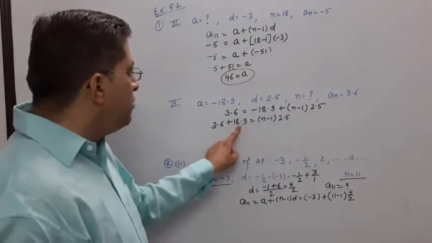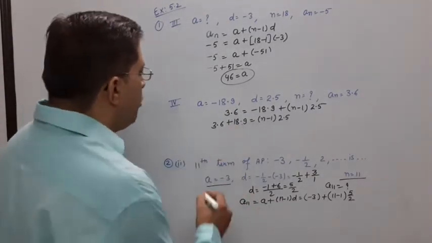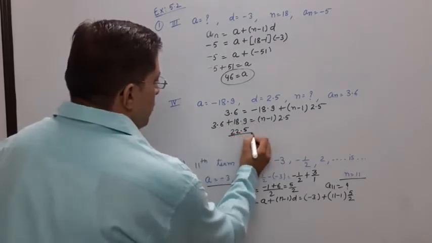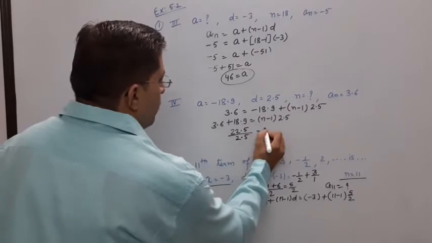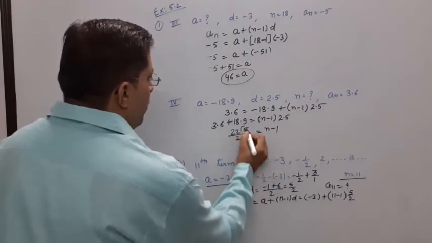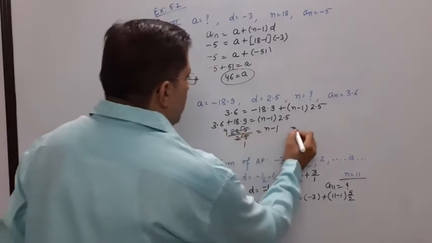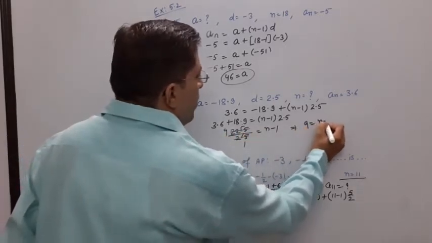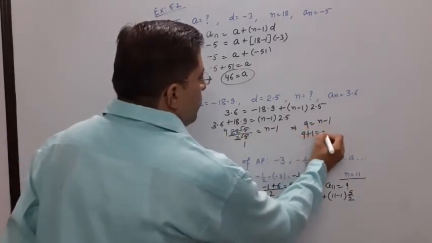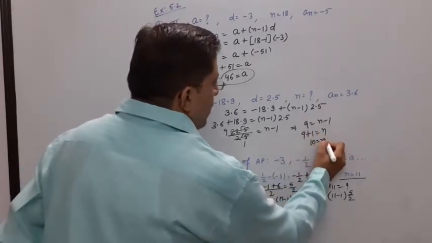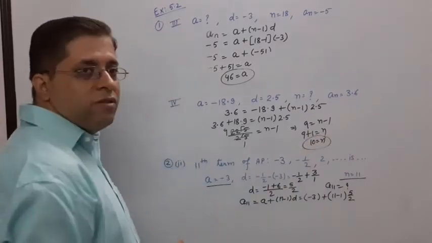When you add these, you will get 22.5 upon 2.5 equals n minus 1. Then point to point cut, 25 9s are. Then 9 is equal to n minus 1. 9 plus 1, that is n. That is your 10. 10 is your answer.